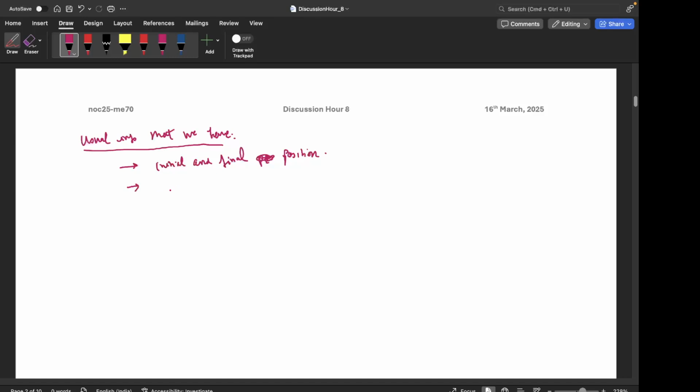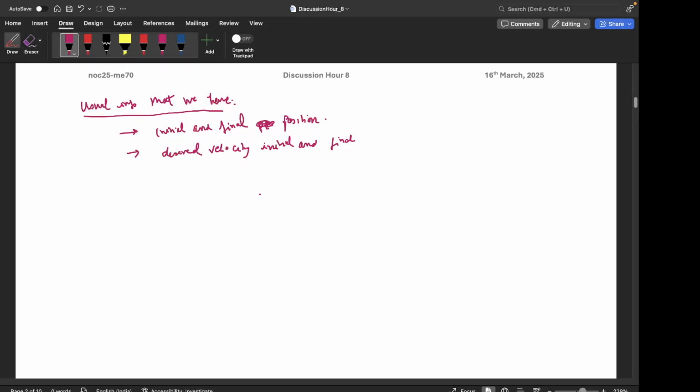Then we have the desired velocity, initial and final. So basically, let's see the joint space schemes first because they are easier to understand mathematically.